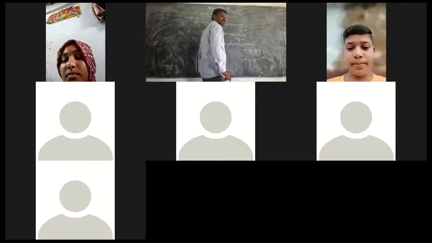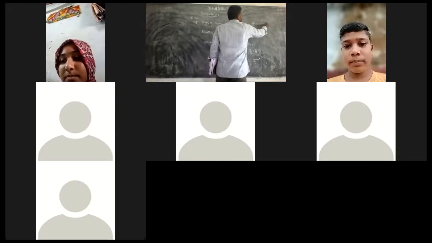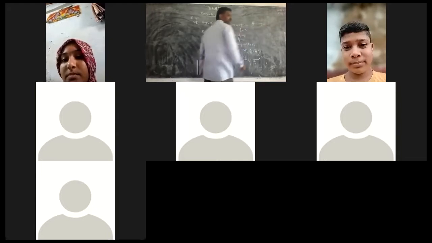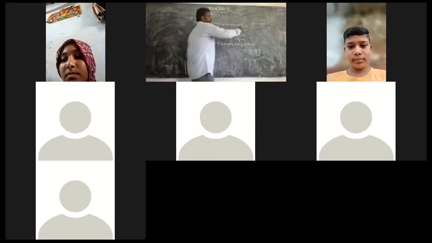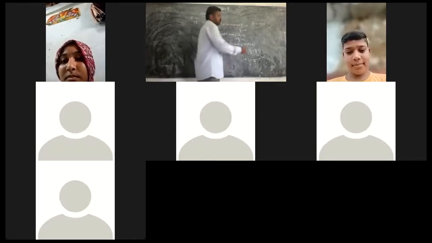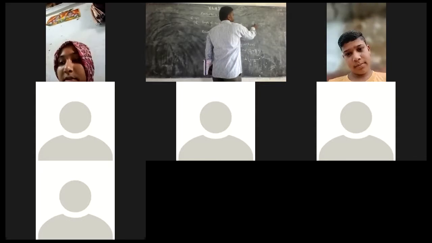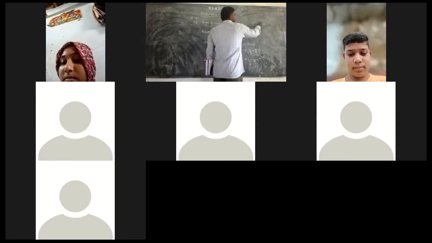Right. 17 by 3. Now I am writing the equivalent fraction of 17 by 3 with denominator 15. What should be the number multiplied by 3 to get 15? 5. So 3 5s are 15, and we also multiply the numerator by the same number 5. So 17 5s are 85. Very good.